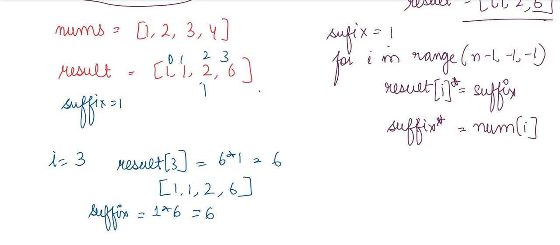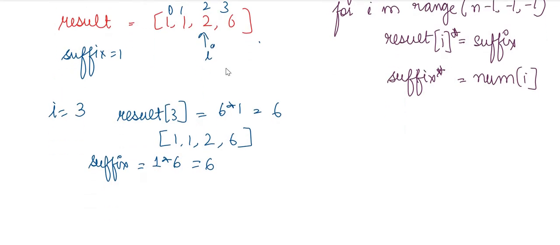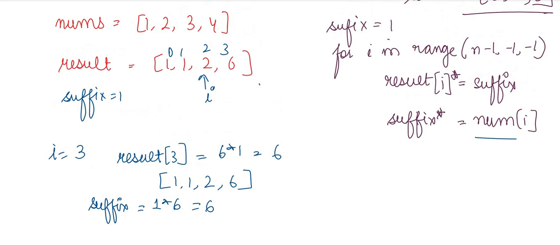Then we are decreasing the I value. Sorry, nums of I. In suffix you have to multiply it not by result of I, you have to multiply it by nums of I. So nums of I, I value is 3 now, so nums of I is 4. So suffix value is 4 now. So let's see what will happen next.